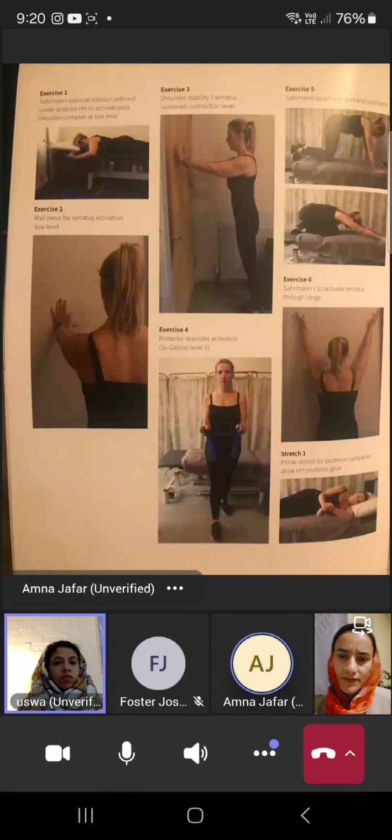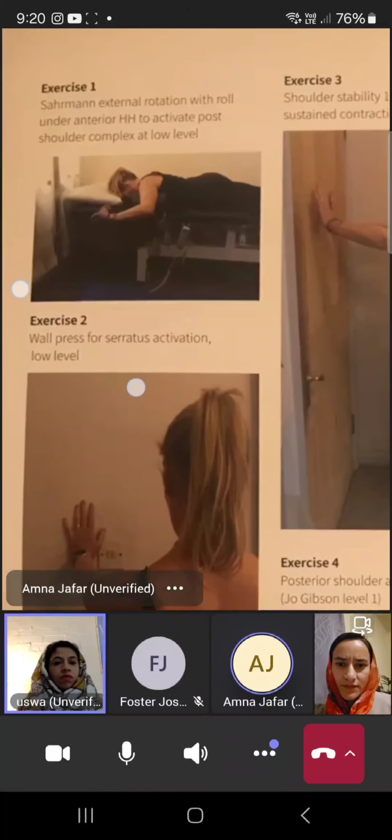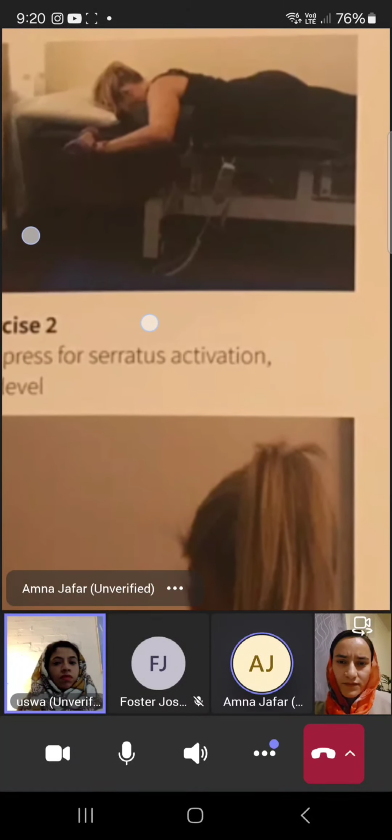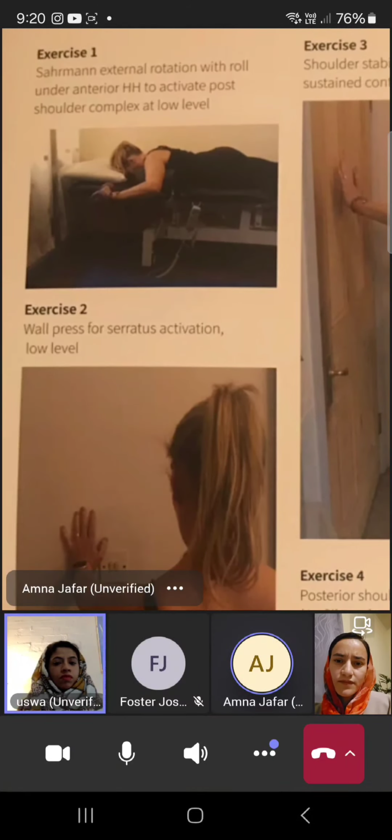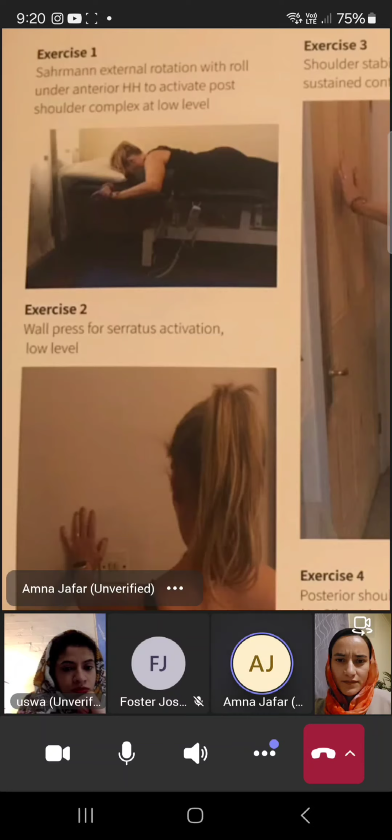So exercise 1 says Sahrmann external rotation with roll under anterior humeral head to activate the posterior shoulder complex at low level. So obviously we have to start with low intensity exercises. And as we discussed before, you can see from this picture how to stabilize the shoulder joint, and then you can guide your patient to do the exercise.